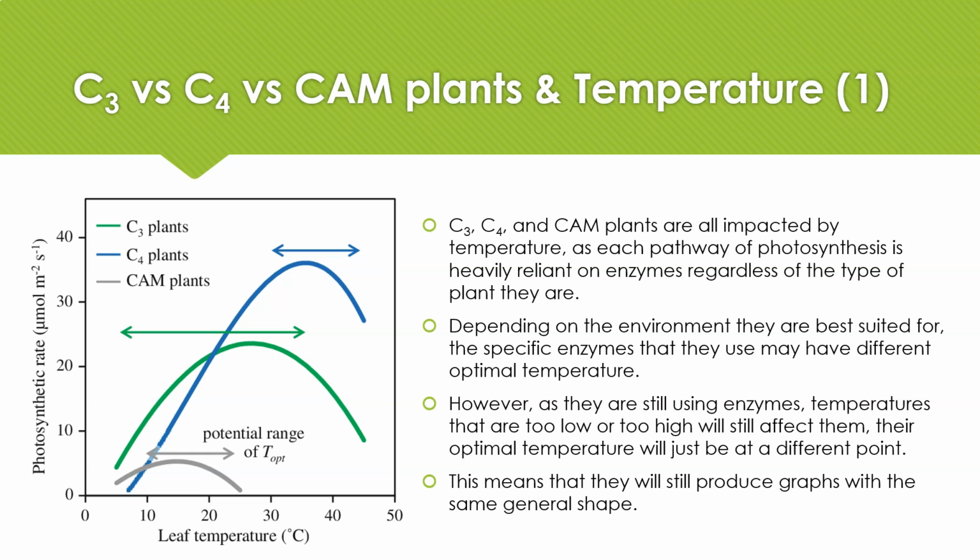But at the end of the day, because they're all still using enzymes, you can expect them all to have that sort of graph where it increases to whatever their optimum is, and then there is a quick drop off on the other side as those enzymes become denatured. So generally, we would expect that same shape of graph. Where it sits in terms of temperature may be slightly offset depending on what they're best suited for. So they're going to produce graphs with the same general shape.